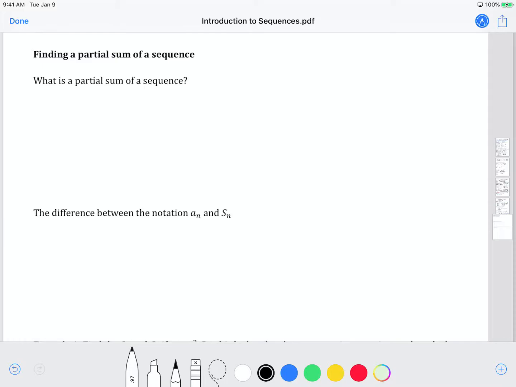Now we're going to talk about partial sums of a sequence. If I list out all the terms of a sequence, I would have the first term, then the second term, the third term, the fourth term, and it goes on. If I wanted to add up the first n number of terms, that is called a partial sum.